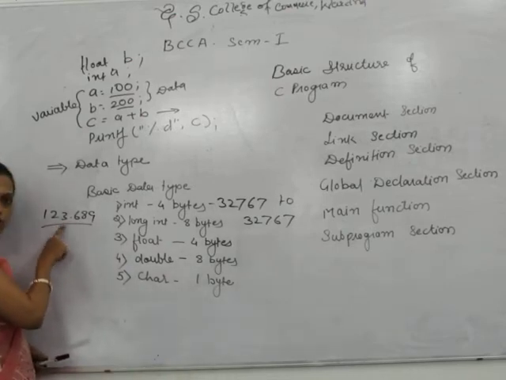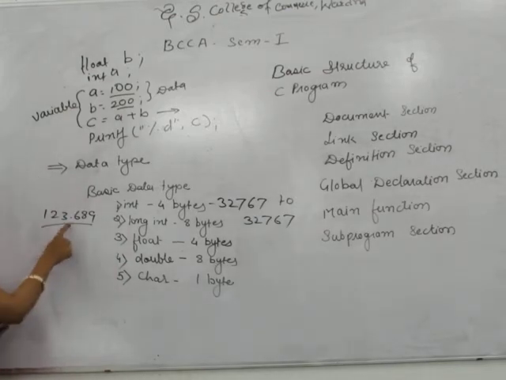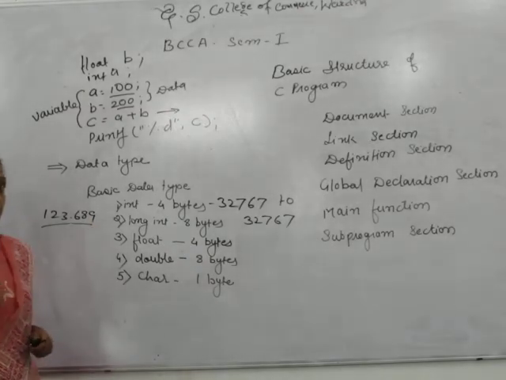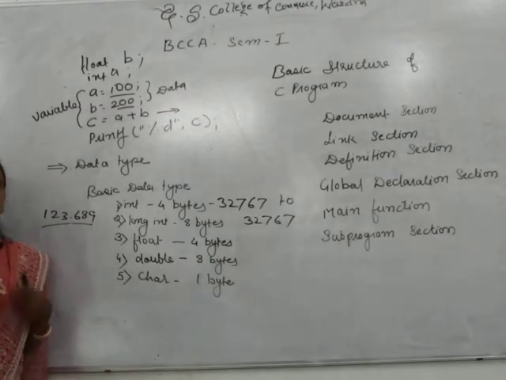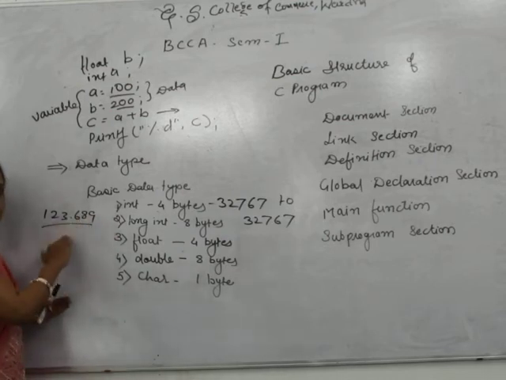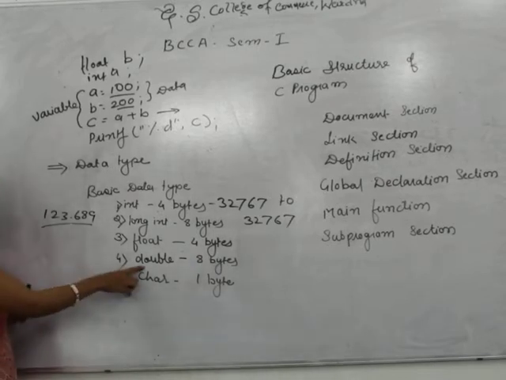Then if you want to store a bigger number, see, float can store up to 6 digits after the decimal point. But if you want more accuracy, and you want to store more digits after the decimal point than that, then you have to use the double data type.